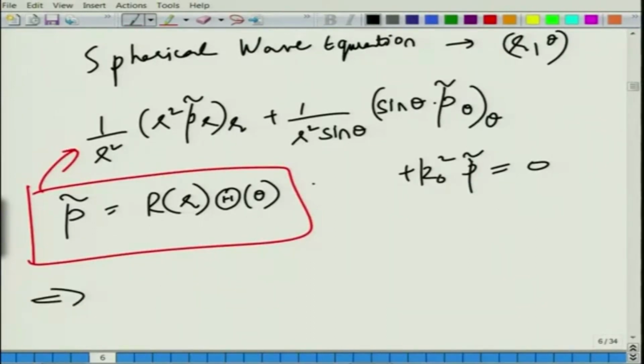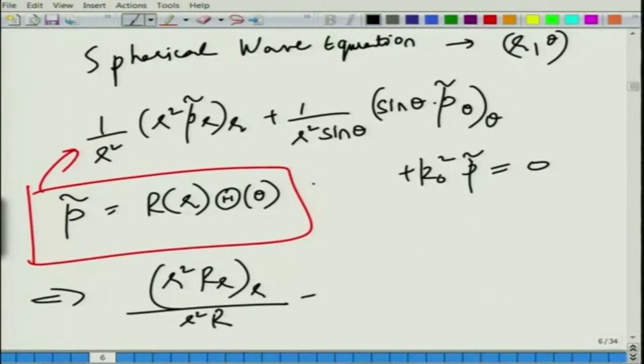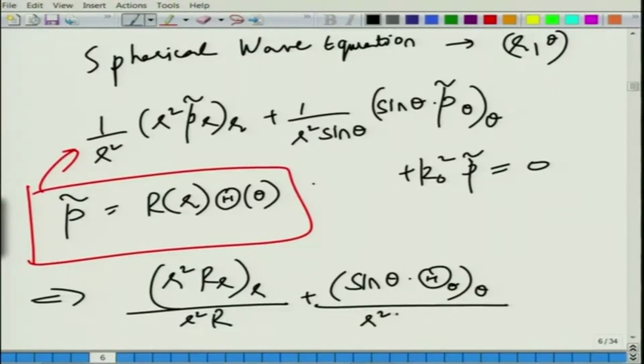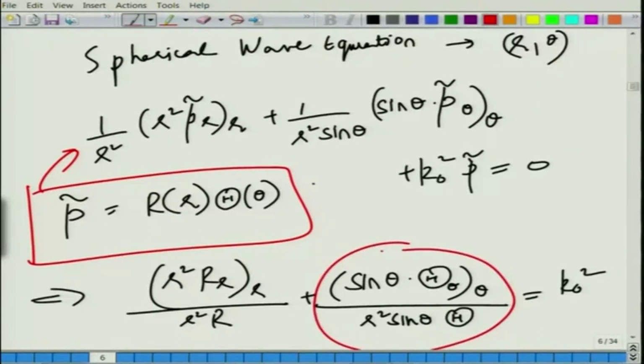We will get r square times R derivative with respect to r square times R, plus sin theta times the function theta and whole theta, and r square sin theta and the function theta is equal to k naught square. After simplifying things, the solution for this particular part will separate out and we will get the Legendre function.